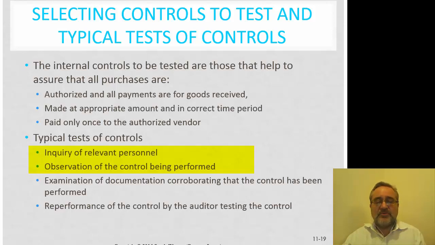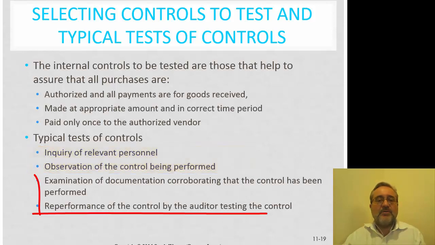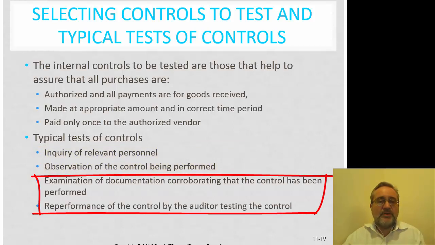We've seen a number of flowcharts in these discussions. We also may be writing a narrative, or the documentation may be a part of an internal questionnaire. We're going to be examining documents to corroborate that the control has been performed. Recall the discussion that we had related to attribute sampling.